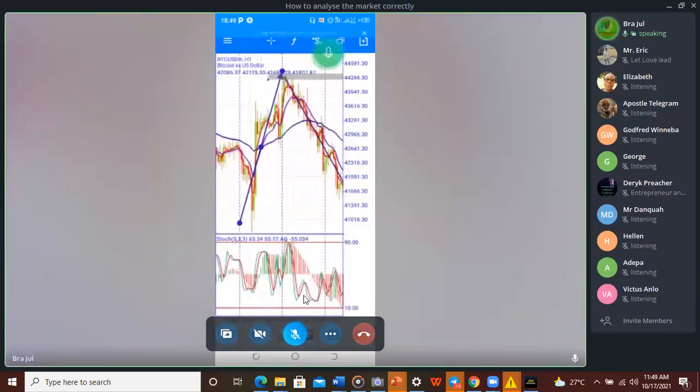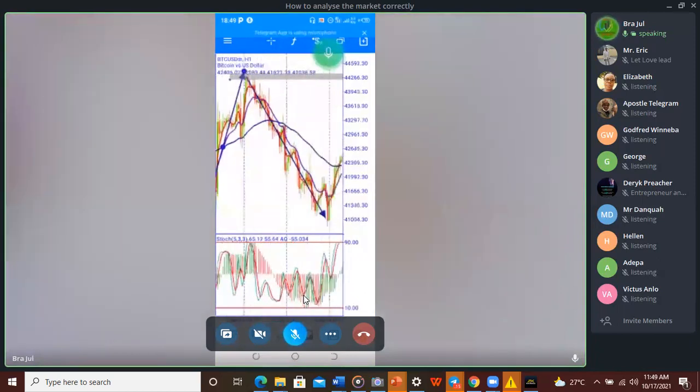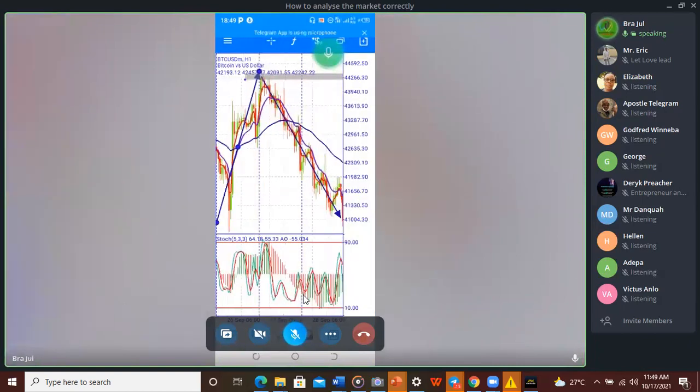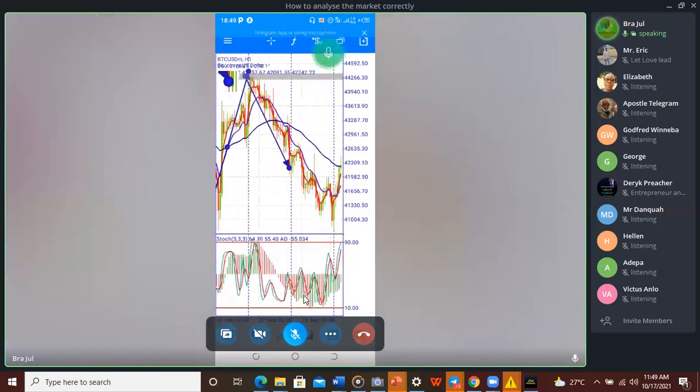As I was saying, with support and resistance, you can see that even before our three moving averages cross, the price must have respected a support or resistance level first. You see that at the resistance level at the top here, the price respected that level before the moving averages started crossing at this level.